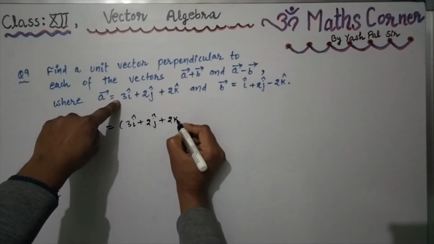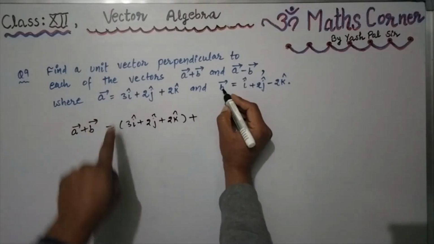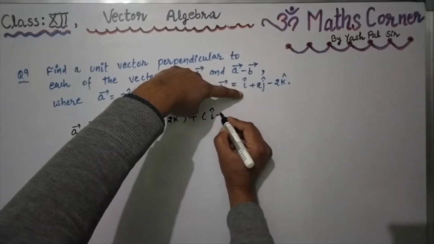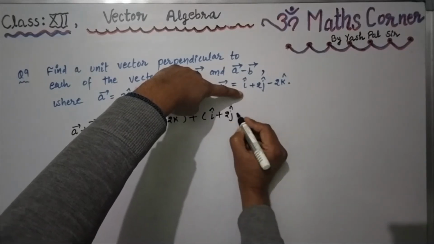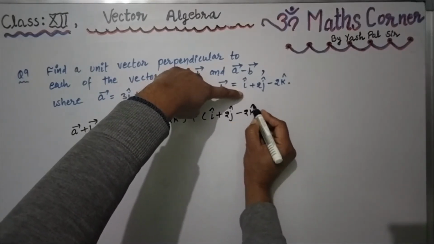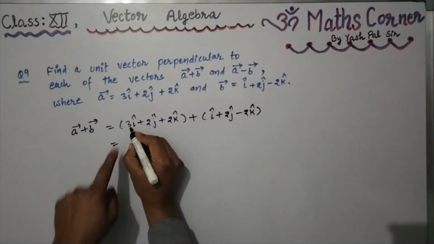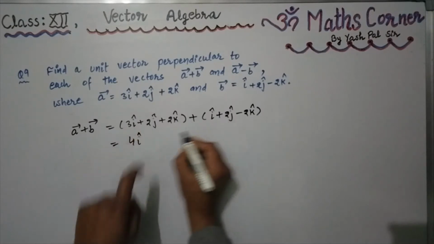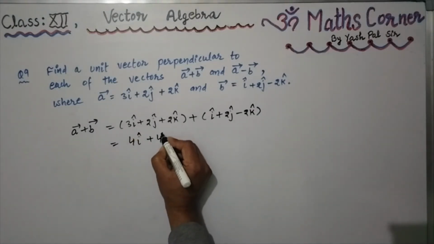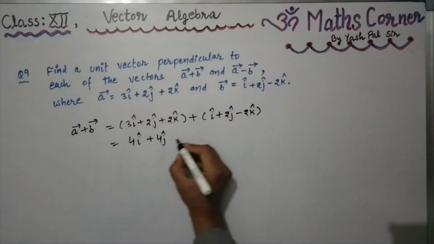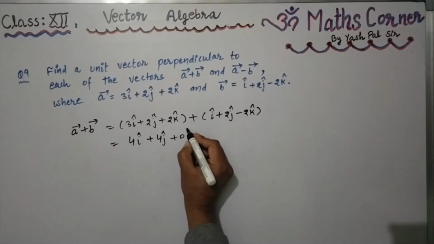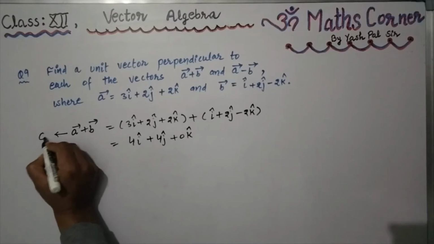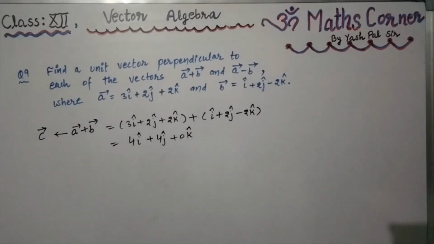So 3i plus 2j plus 2k plus i plus 2j minus 2k is equal to 3 plus 1 is 4i, 2 plus 2 is 4j, 2 minus 2 is 0k.